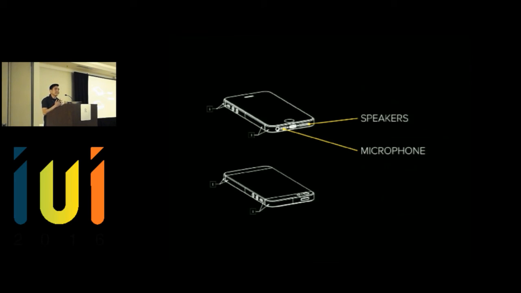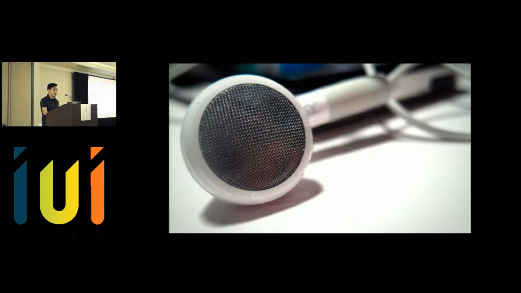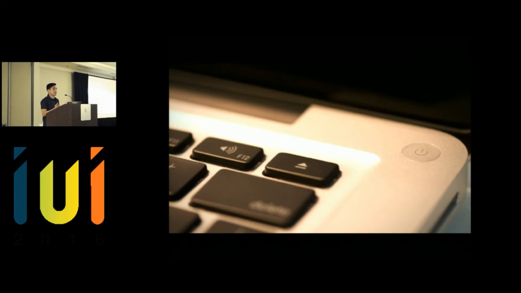But if you simply examine most devices, it is clear that one of the least common denominators is speakers and microphones. In fact, speakers and microphones can be found in smartphones, small-scale earpieces, full-size laptops, and on and on. So the question then is, how can we appropriate speakers and microphones into a sensing mechanism that requires no modification of the hardware or the infrastructure?